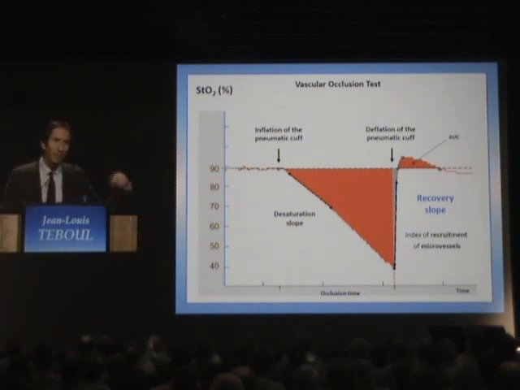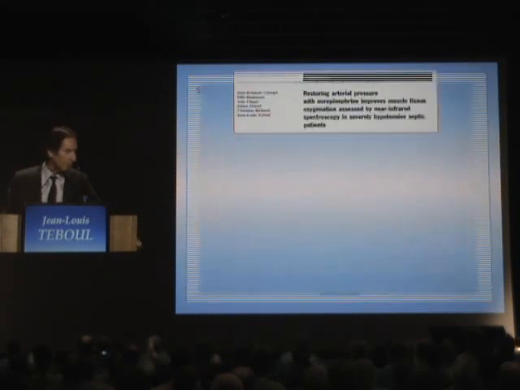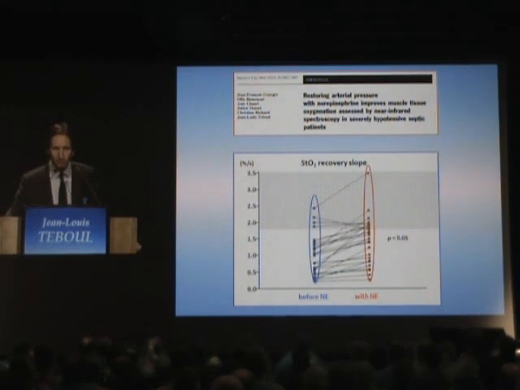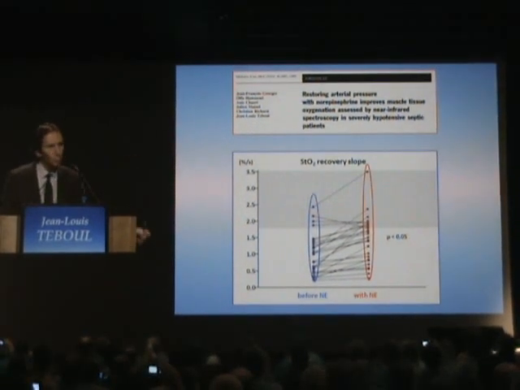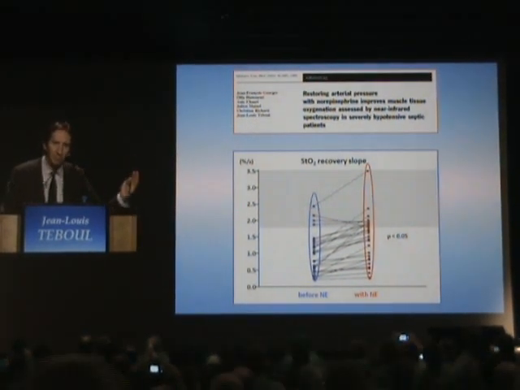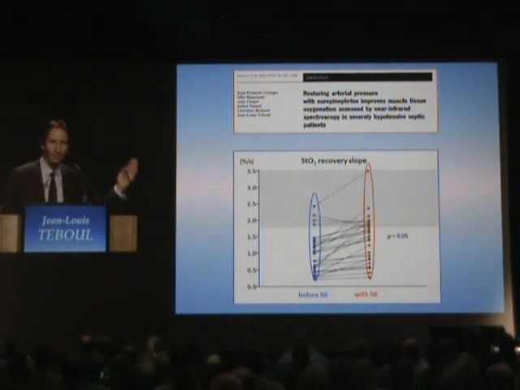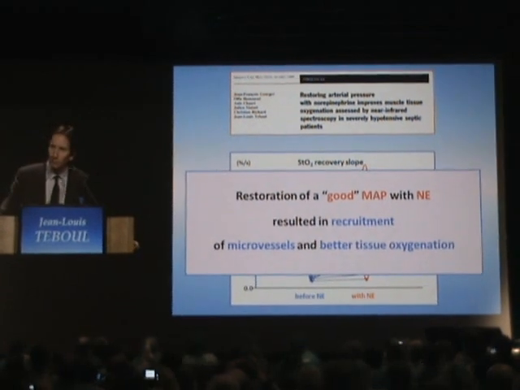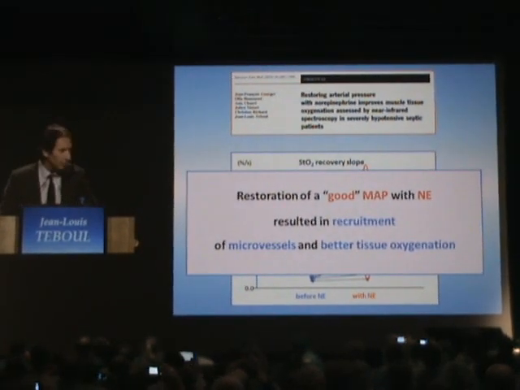The recovery slope has been demonstrated to be a marker of recruitment of microvessels. And what we observed in our study was an improvement in the StO2 recovery slope when we gave norepinephrine to very hypotensive patients. So it's good also for microcirculation and tissue oxygenation.